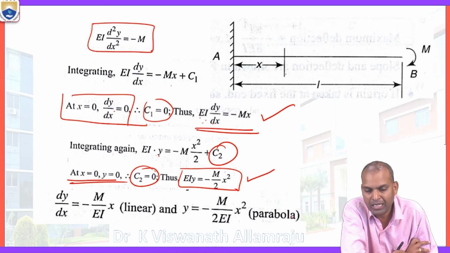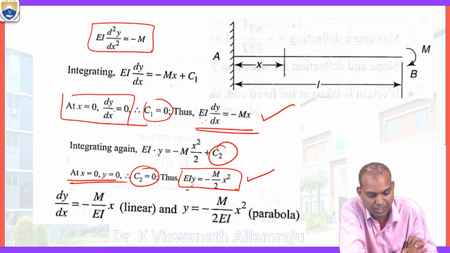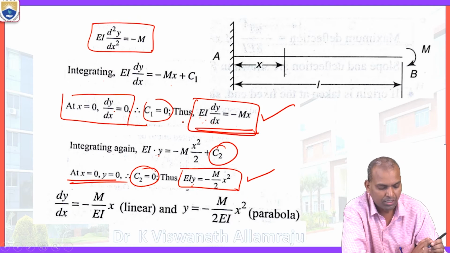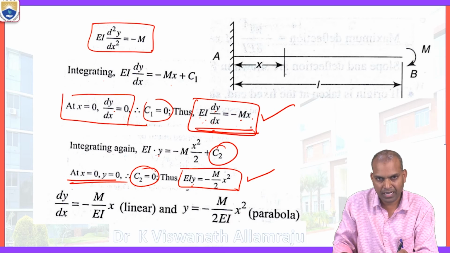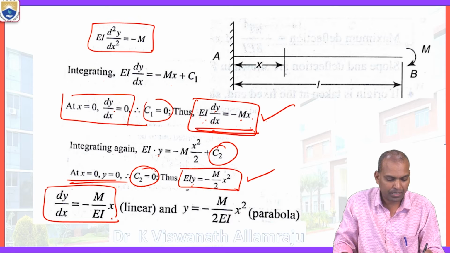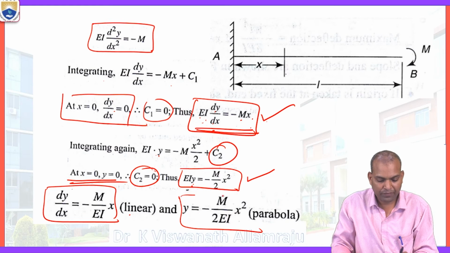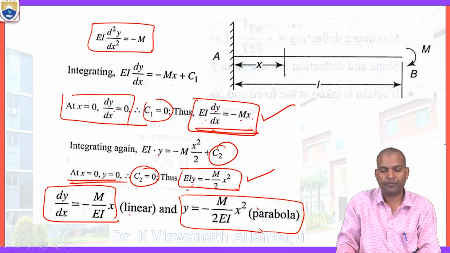Now, at various values of x, this equation gives the deflection and the other gives the slope. The slope equation is dy by dx equals minus M by EI times x, which is a linear variation. Whereas the deflection equation is y equals minus M by 2EI times x square, a parabola.